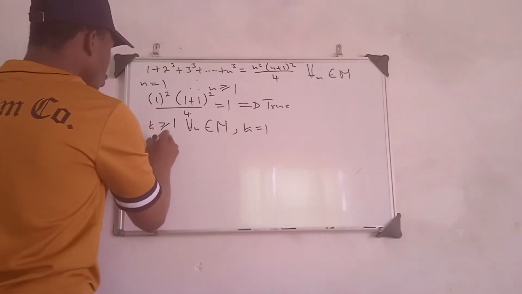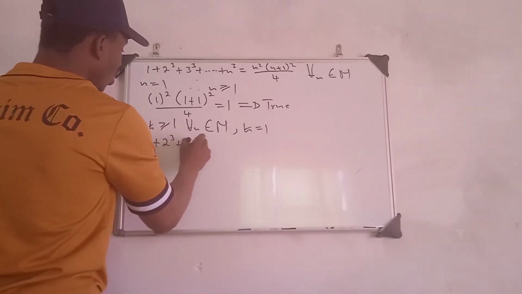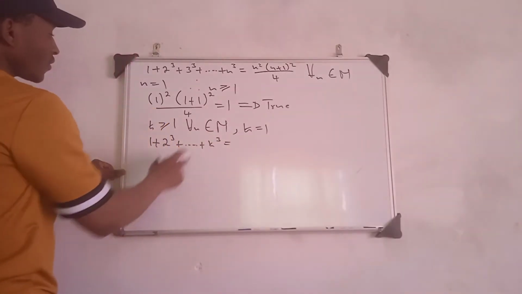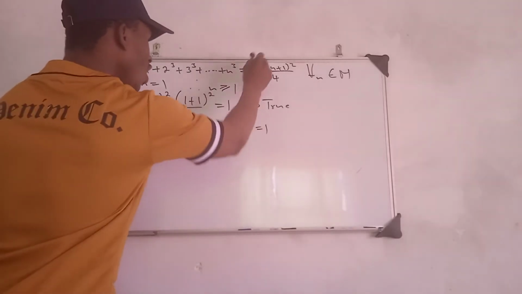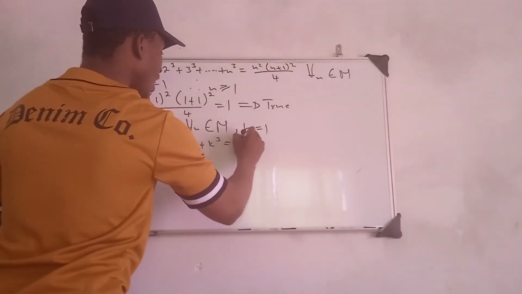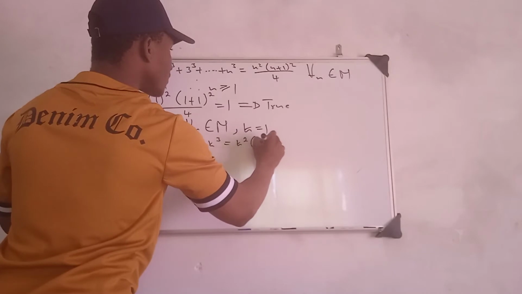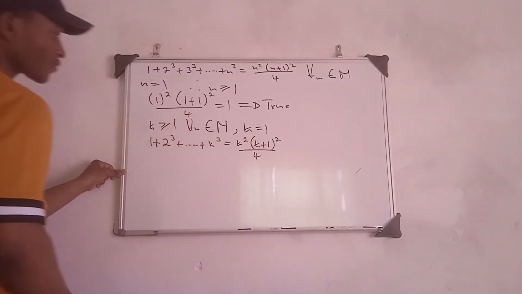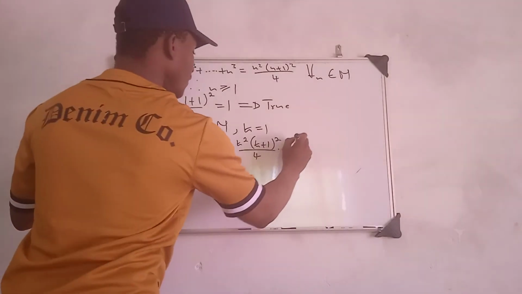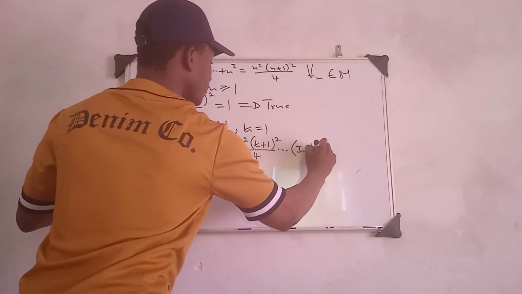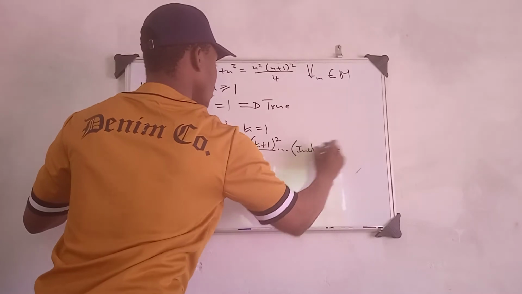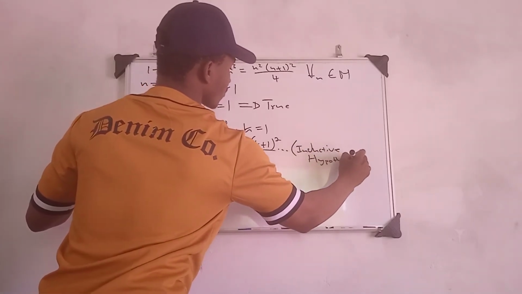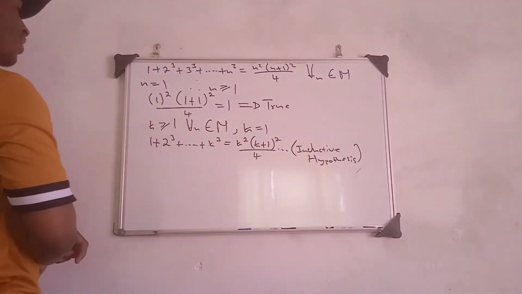So it's 1 plus 2 to the power 3, all the way to k to the power 3. This is my inductive hypothesis.